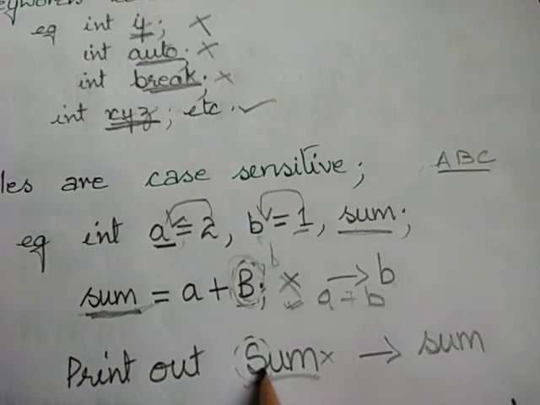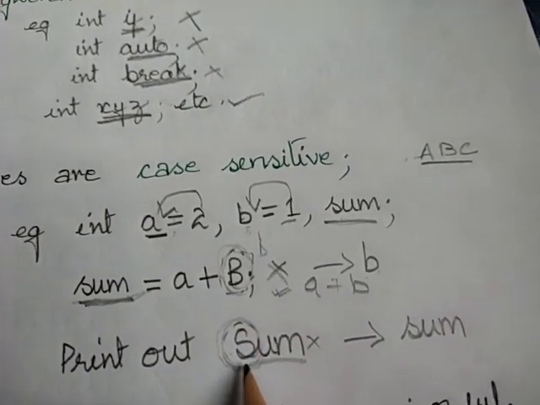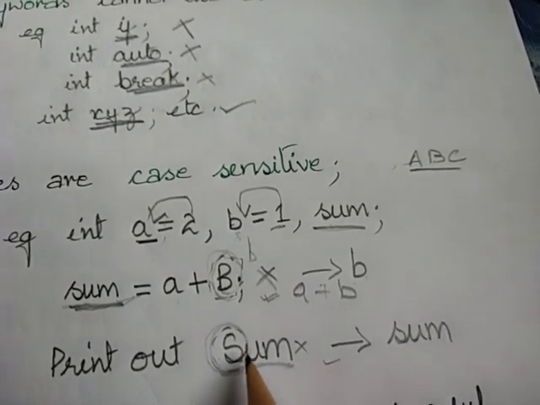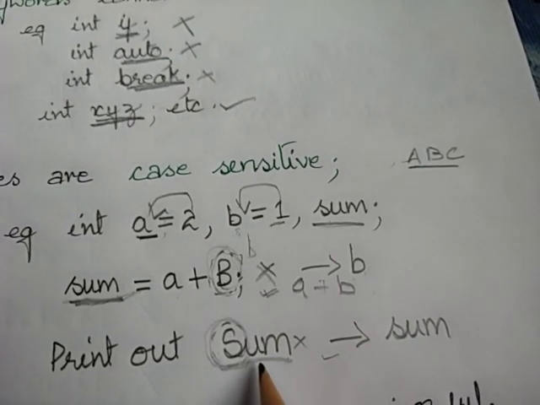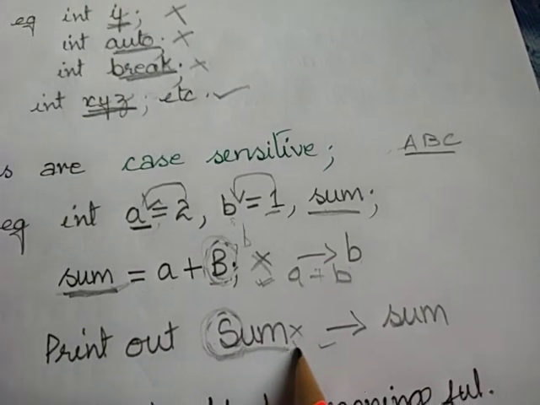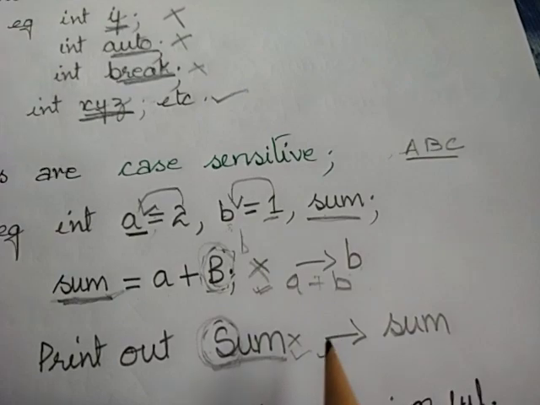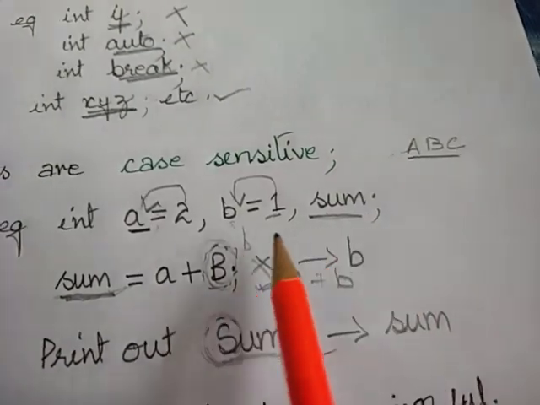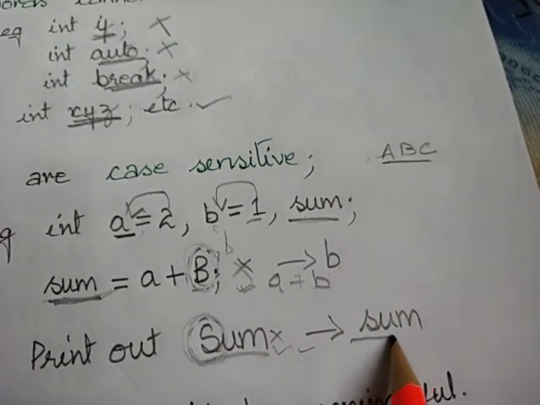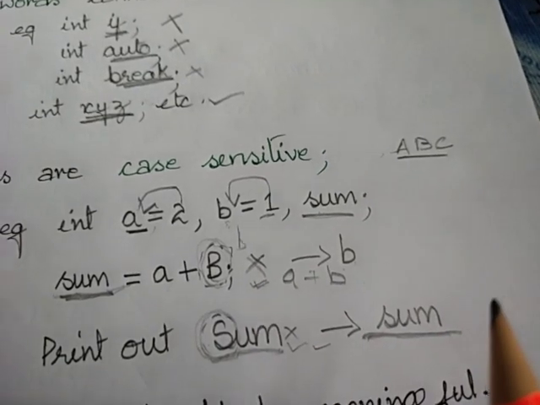But when I print out, the character S is changed to capital S. Again, it will not display the output because there is no such name in the computer memory. Therefore, it will give you an error. So you have to correct it. The name you declare in small letters, you calculate in small letters. Therefore, when you print out, it should be the same, small letter sum.